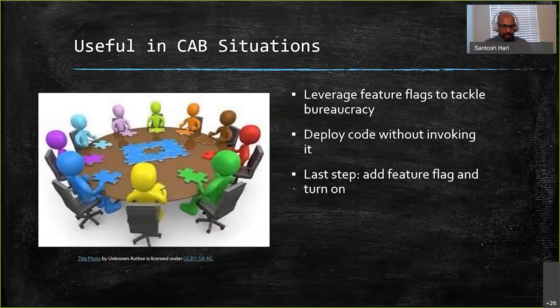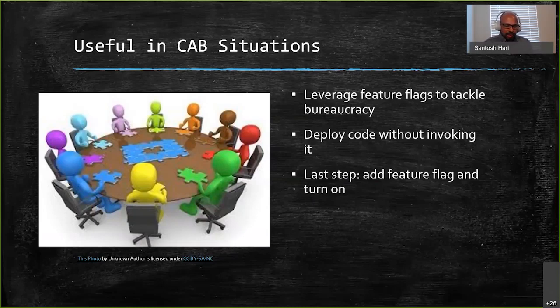In my time as a consultant, I have had to deal with CAB boards, or the change advisory boards. These are really bureaucratic, and they require you to get approval from them for every single deployment or release. They are really confused between what a deployment is versus what a release is.